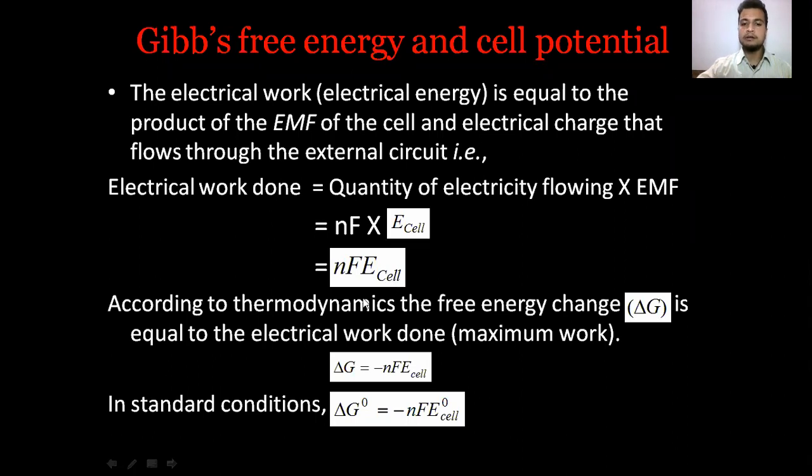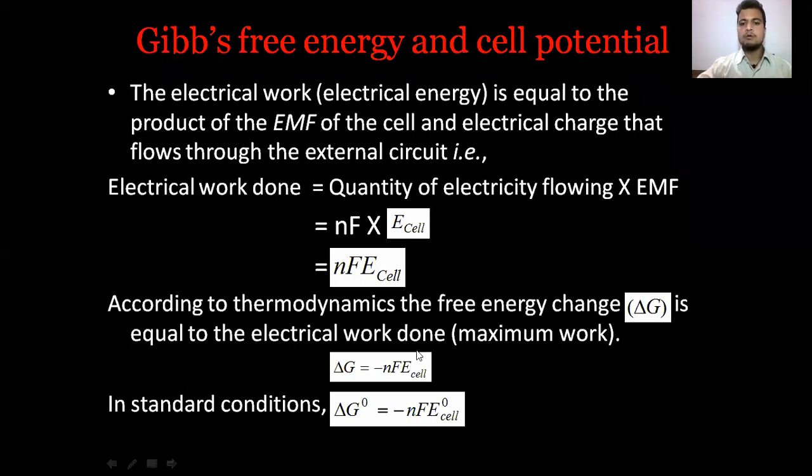Now, according to thermodynamics, the free energy change is equal to the electrical work done. According to the first law of thermodynamics, energy can neither be created nor destroyed. So whatever work is done is at the expense of Gibbs free energy, the energy which the system has.